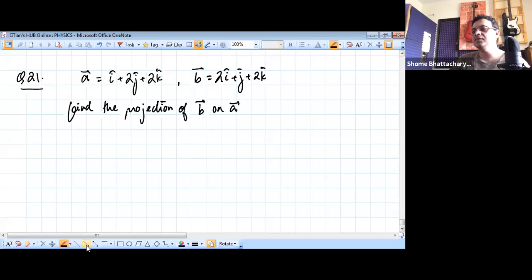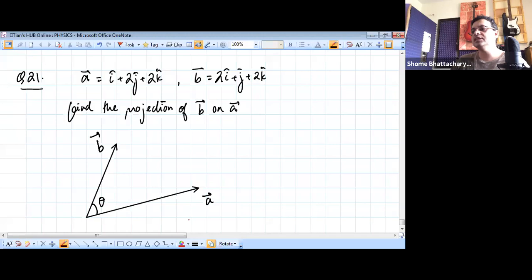So just arbitrarily, if I were to draw the two vectors, suppose this is the vector A. I'm not really drawing a three-dimensional diagram like that. I'm just looking at the diagram in the plane of A and B. So if this is the vector A, and this is the vector B, and the angle between them is theta.